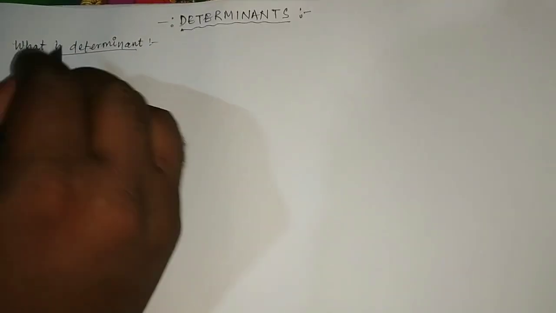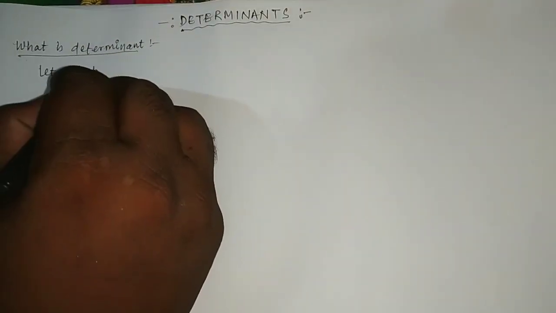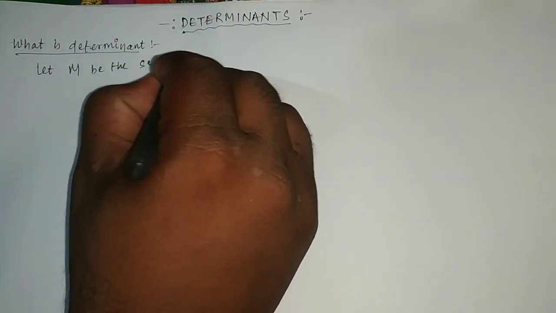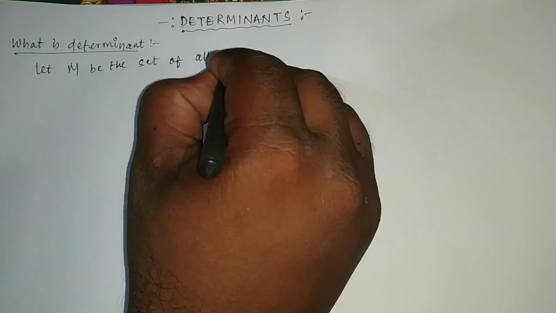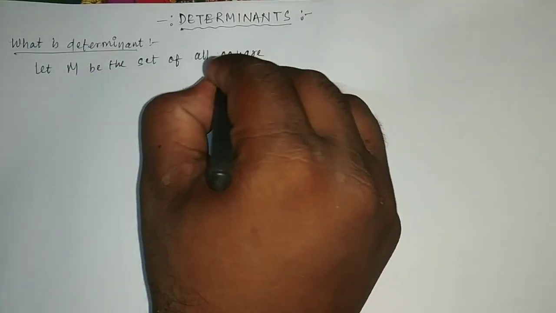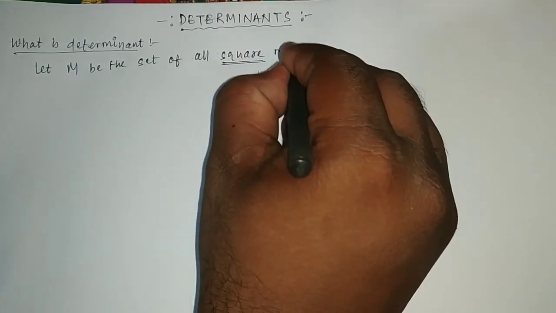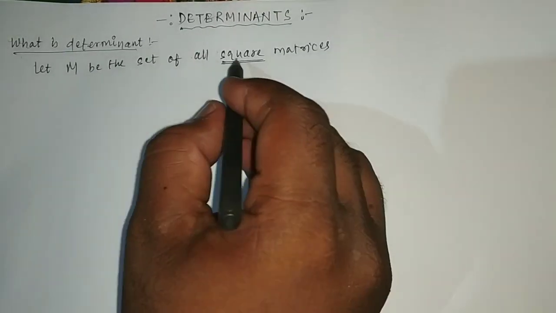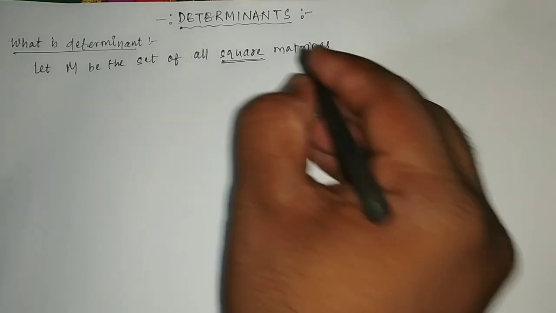Let M be the set of all square matrices. That means the number of rows equals the number of columns of the matrix.